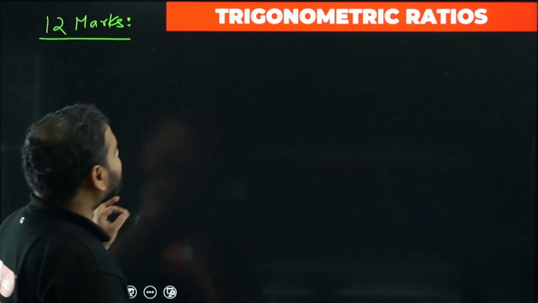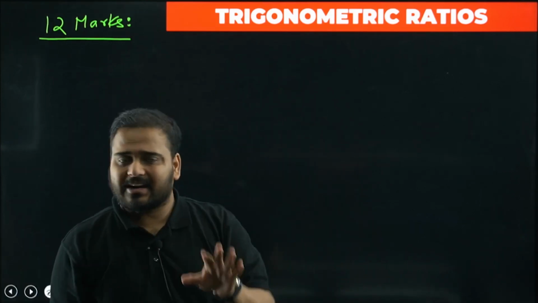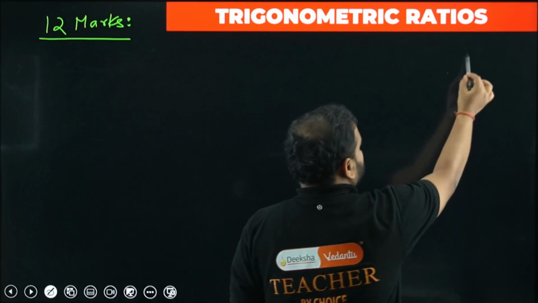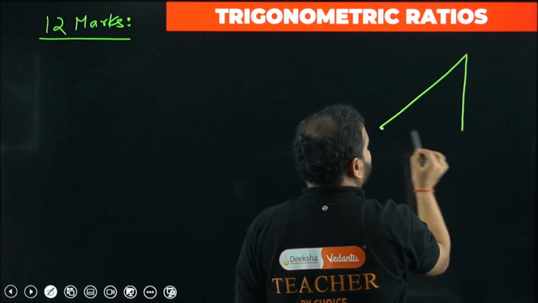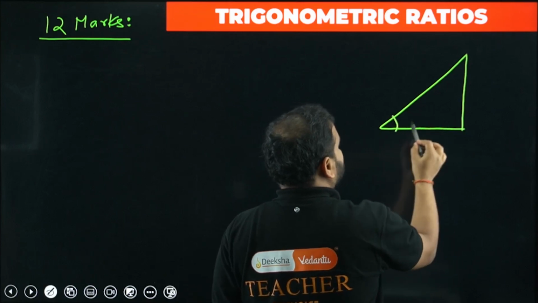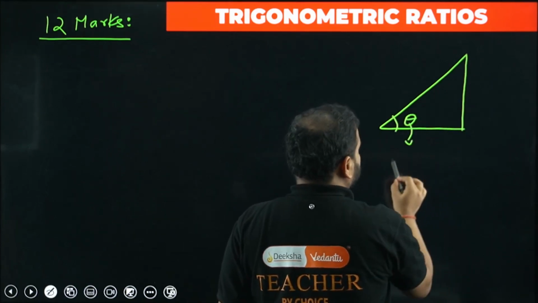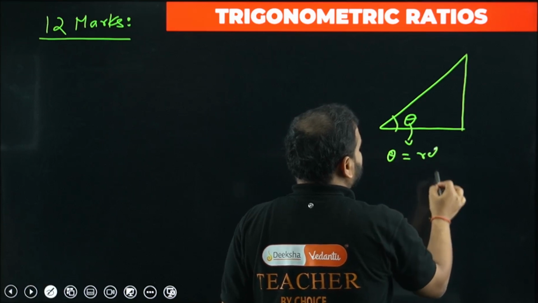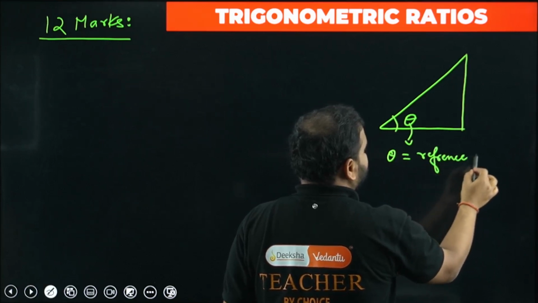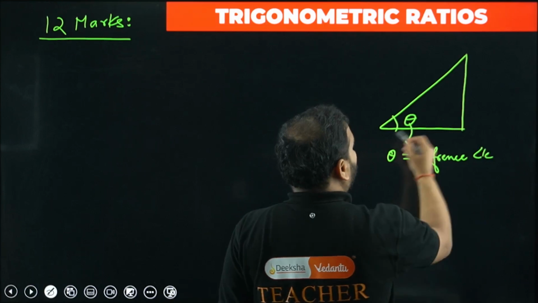Chaliye. Trigonometric ratios, we know what these are. These are the relation between the acute angle of a right angle triangle and the sides of the right angle triangle. If I take this to be angle theta, theta is the reference angle. When you take theta as reference angle, the opposite side is this.